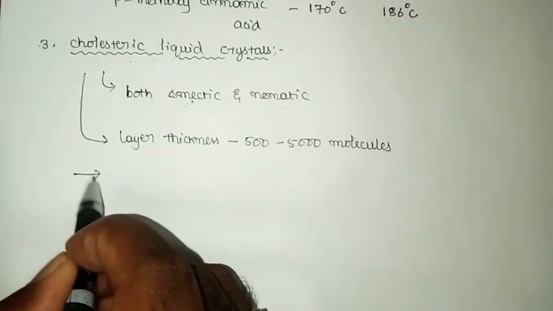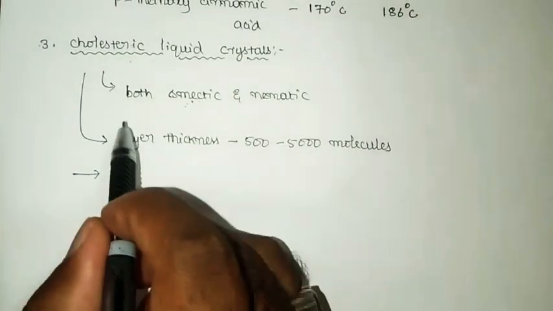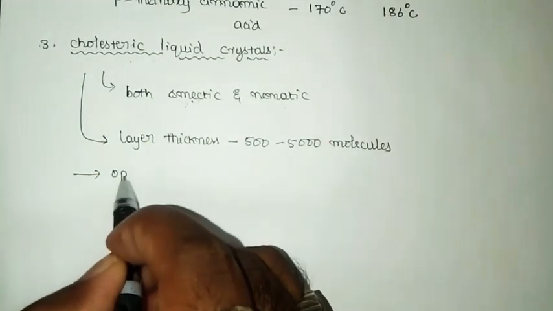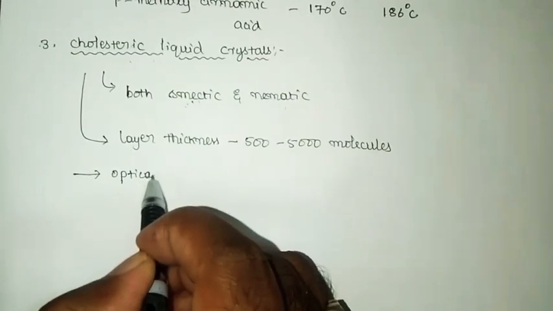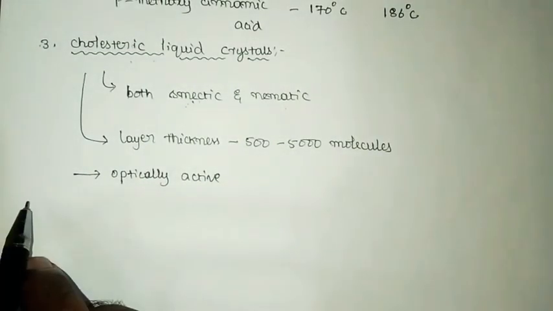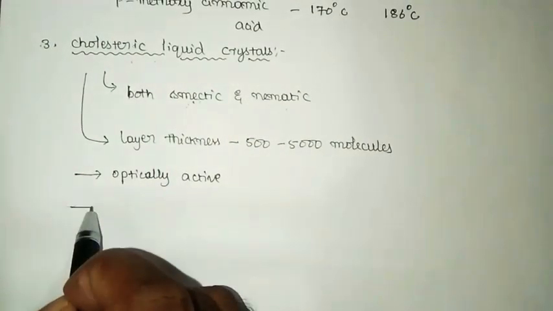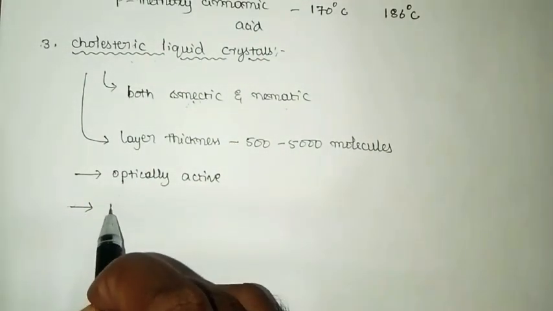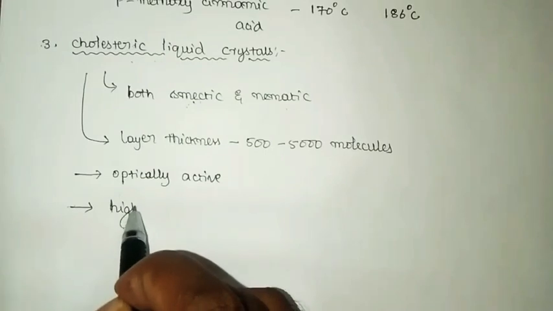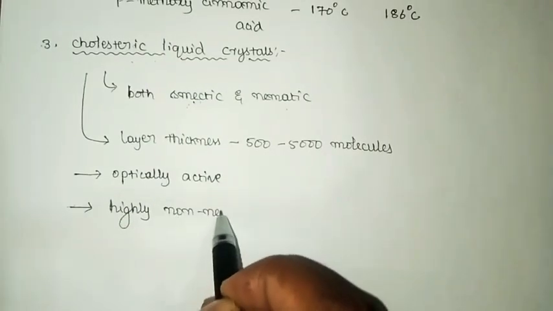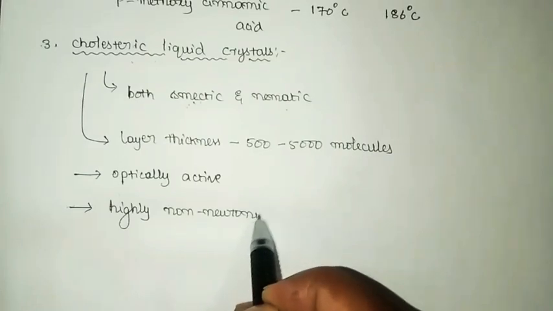One special property of cholesteric liquid crystals is, unlike smectic and nematic liquid crystals, these cholesteric liquid crystals are optically active. And compared to nematic liquid crystals, cholesteric liquid crystals are highly non-Newtonian with respect to their flow.